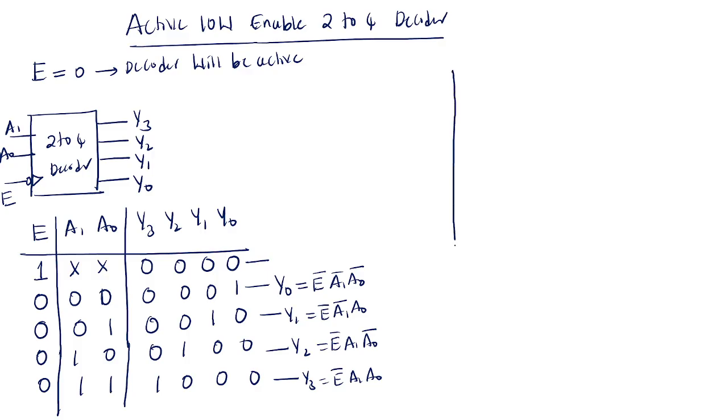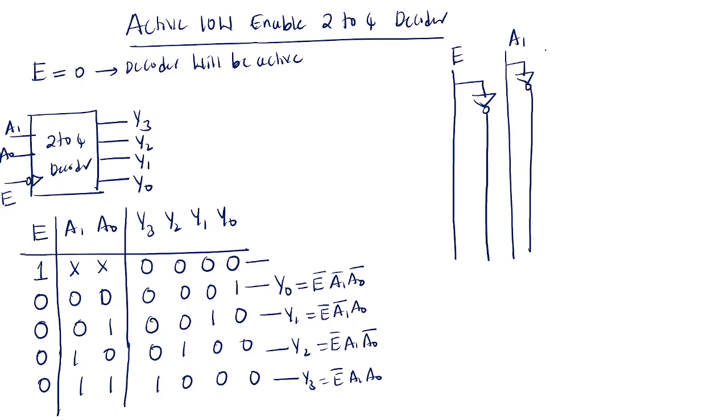Let us take the E input connected with an inverter, A1 connected with an inverter giving A1 bar, and A0 connected with an inverter.